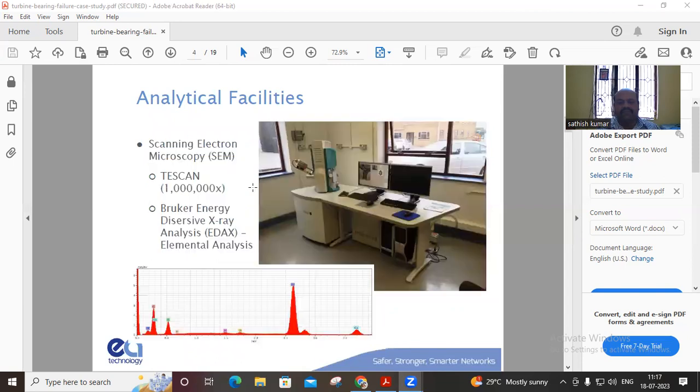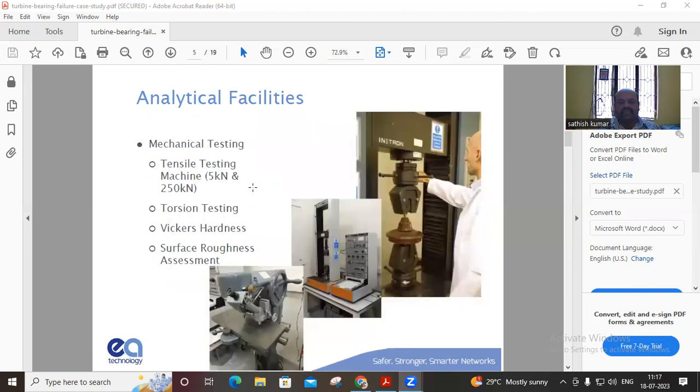We have a scanning electron microscope and X-ray diffraction, EDAX analysis. For mechanical testing, they have UTM for ultimate tensile strength, torsion testing to check the torsion, Vickers hardness to check the hardness of the material, and surface roughness assessment is also available.